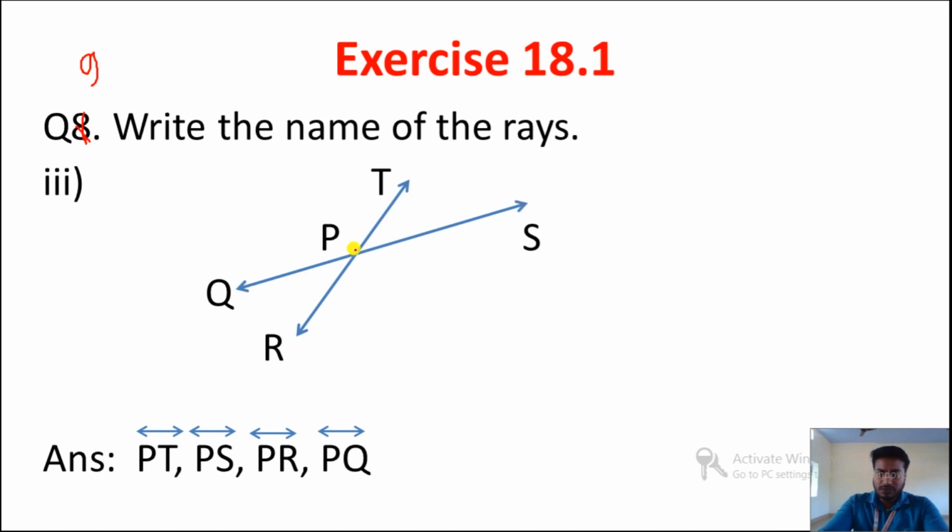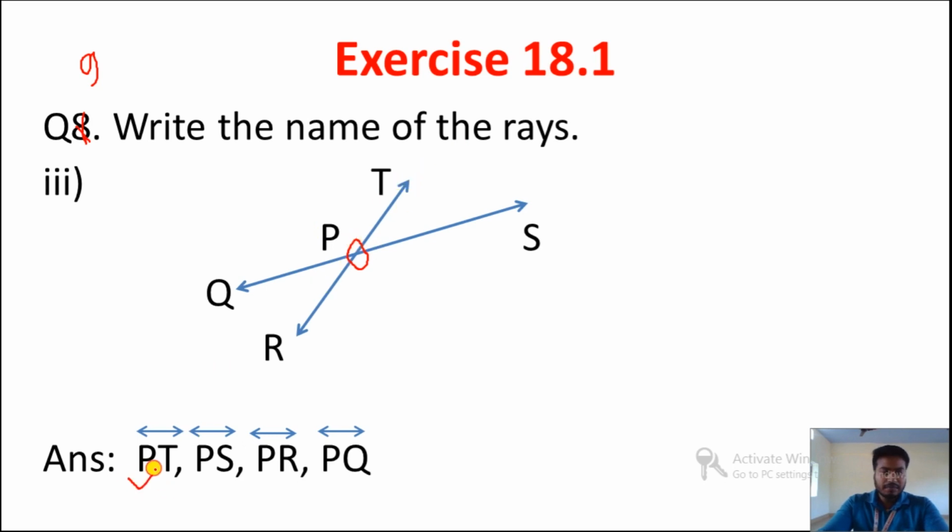So we have to see from this point, because here we have the point and that will be the starting point of the ray. Now when we start from P and we go this side, this will be the starting point, and going endlessly this side. So we can say PT is the ray here.